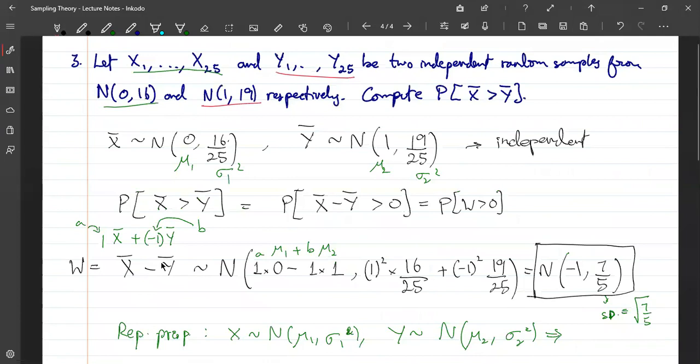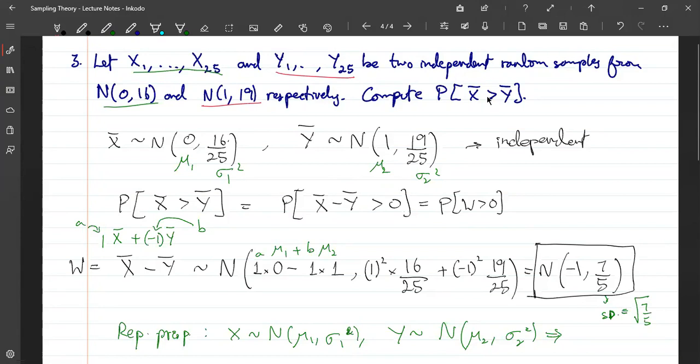So this is not anything really new. We have already been doing problems on sample means, we did 2 problems on that. So that's the same thing. The only difference here is you have to use the property of normal distribution to rewrite this and rephrase it in terms of a new normal random variable.